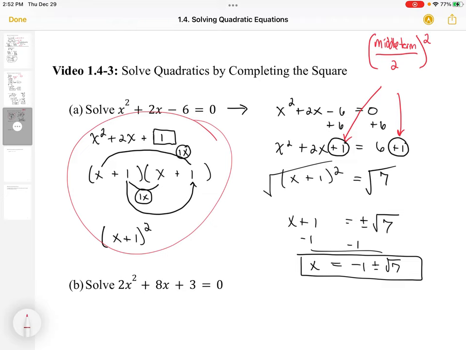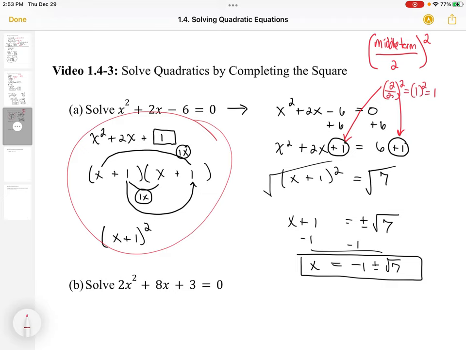If you take that middle term divided by 2 and square it, that will be the number that you add to both sides. So in this case, the middle term is 2. If you take 2, divide by 2, and square it, you get 1 squared, which is 1, the number I added to both sides.